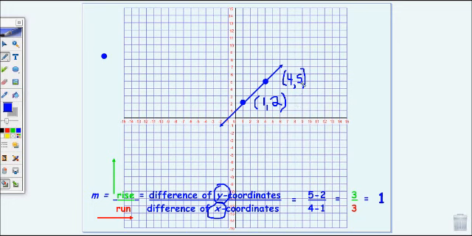So my y in this point is 5 and 2. So 5 minus 2. Difference means subtract. The next one I'm going to do is 4 is my x coordinate, 1 is my x coordinate here, so 4 minus 1. That means that my slope is 3 for the rise over 3 for the run. We can go ahead and simplify that fraction. The slope is 1.